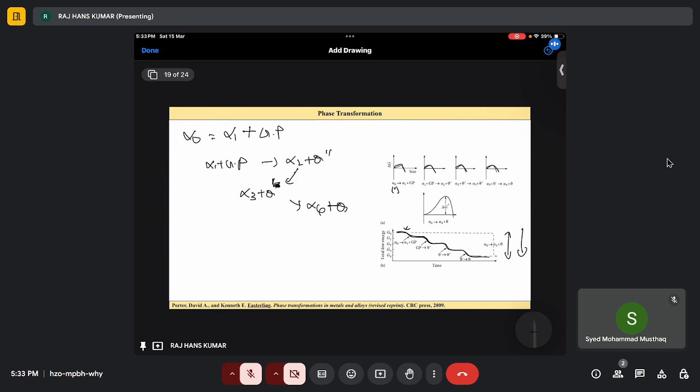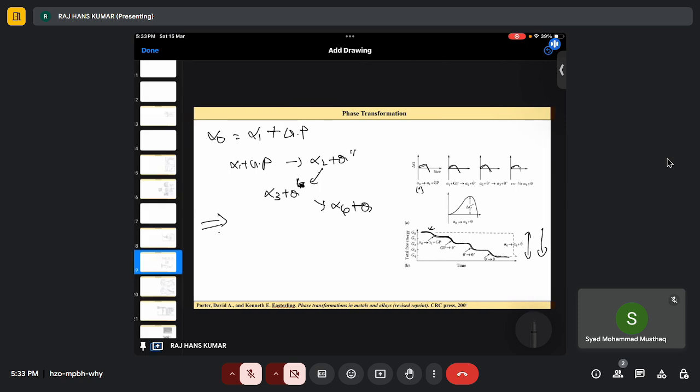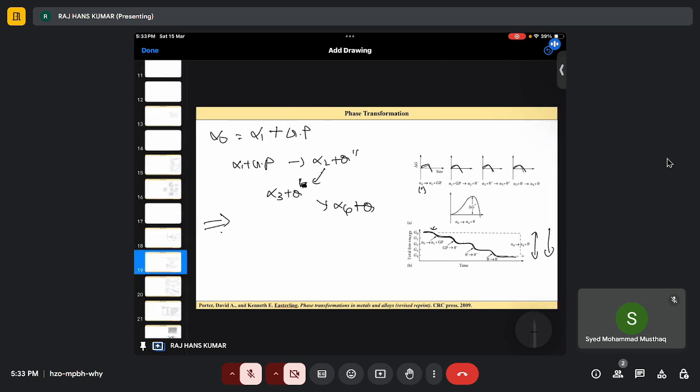Right, so this is about the phase transformation, or the different types of phase transformation, during precipitation hardening. Now, how do we control which type of precipitate is to be formed?